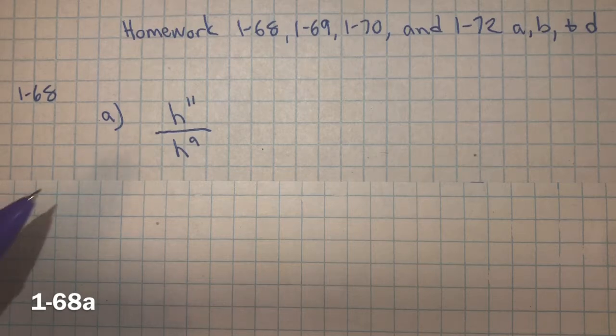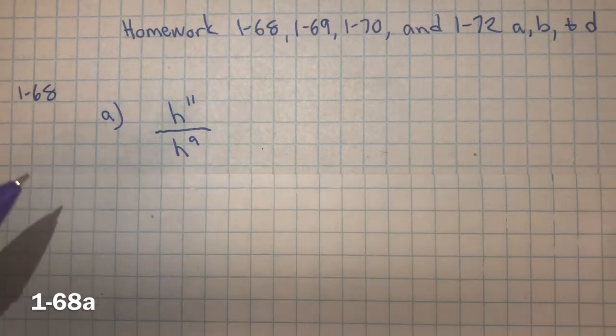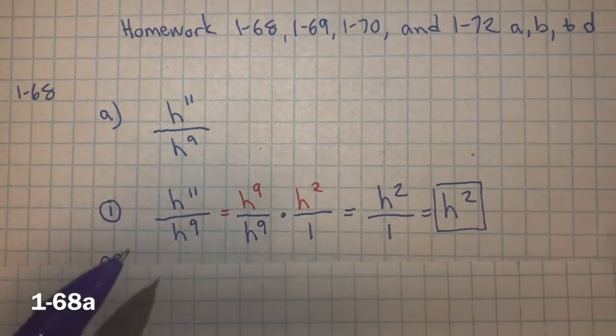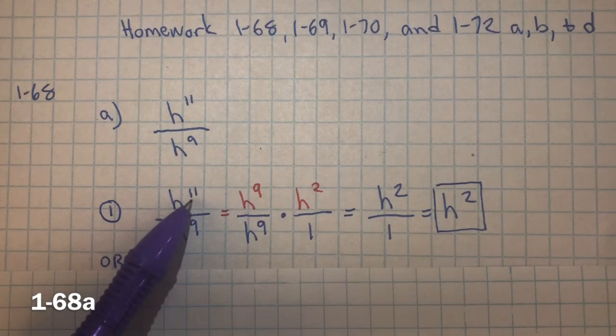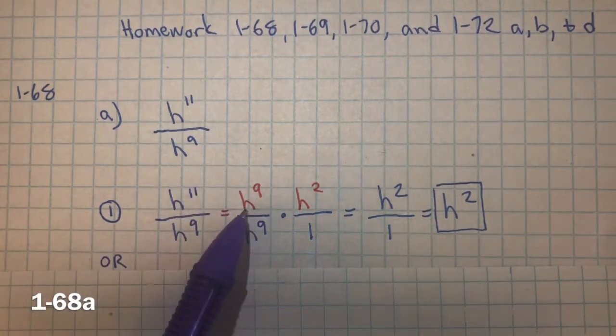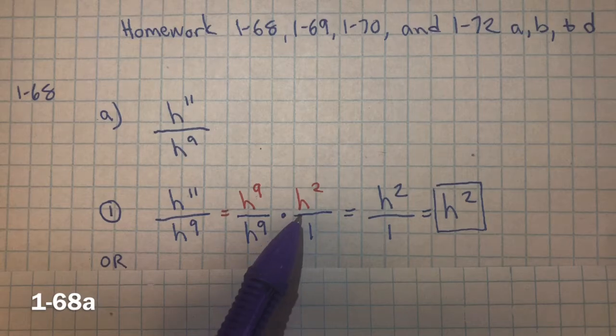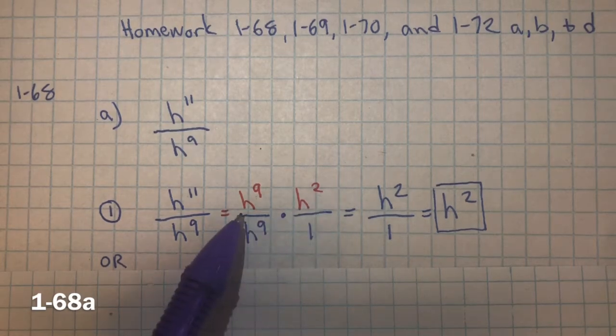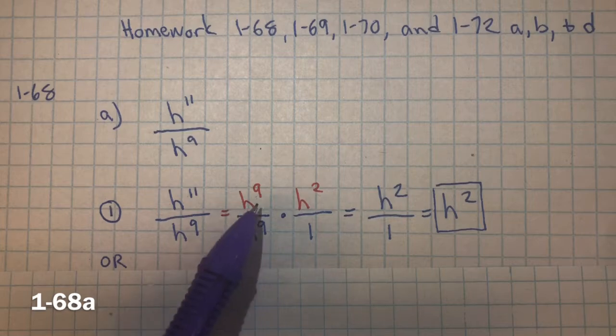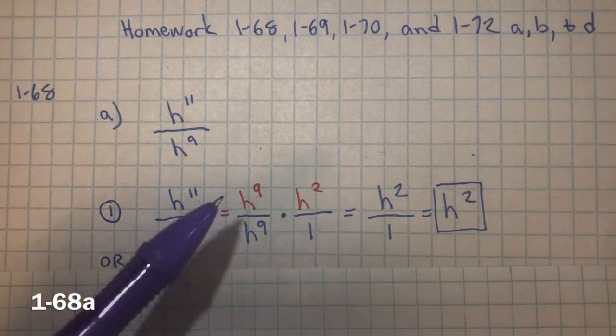I'm going to show you two different ways, and the first is by expanding the expression and creating a giant 1. So h to the 11th can factor out to h to the 9th and h to the 2nd. When you're multiplying like bases, the exponents, you add them. 9 plus 2 is 11.